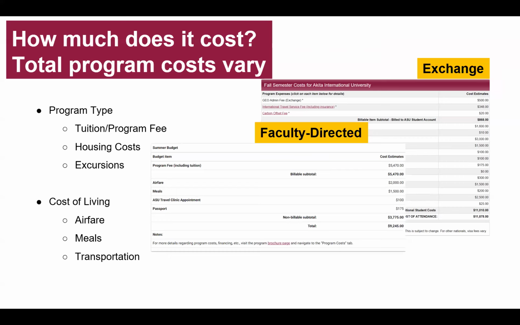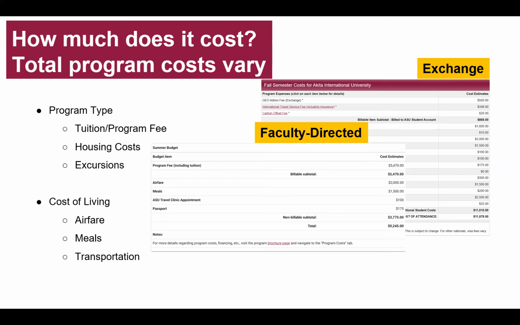Also, if you are applying for ASU study abroad scholarships, that billable subtotal is typically what they will be used towards, okay? The non-billable subtotal are oftentimes estimates, and it has to do with airfare, room and board if that's not a part of the program tuition and fees.